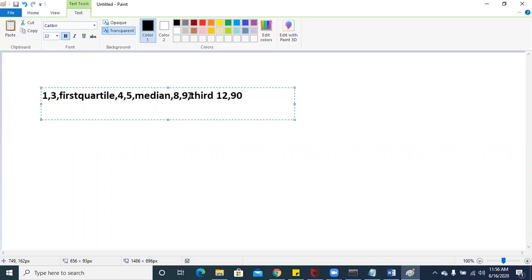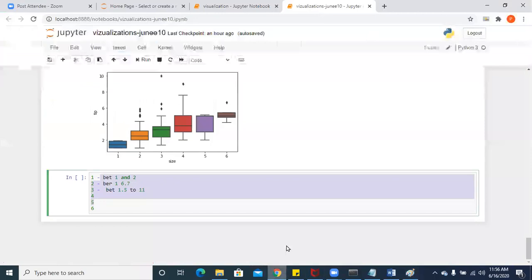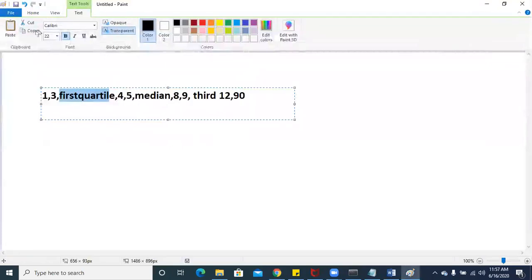Third quartile. So now, if you see this in your graph, this line you can consider as the minimum value. So suppose this is my graph, all right?